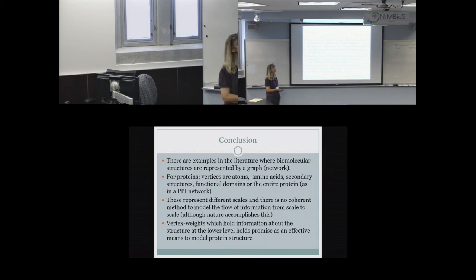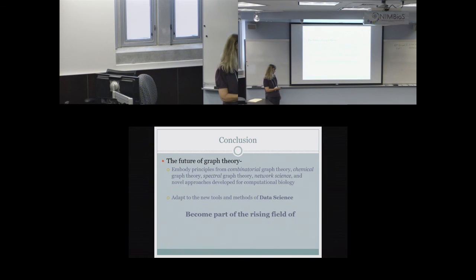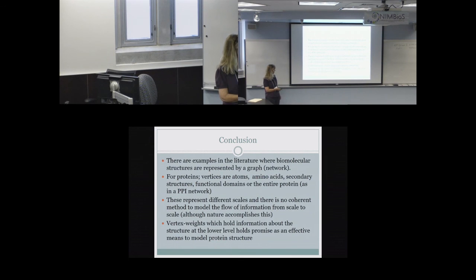So the conclusion: there are lots of examples in the literature where graphs are used to model biomolecular structure. The vertices can either be atoms, amino acids, secondary structures, but we have the problem of different scales.